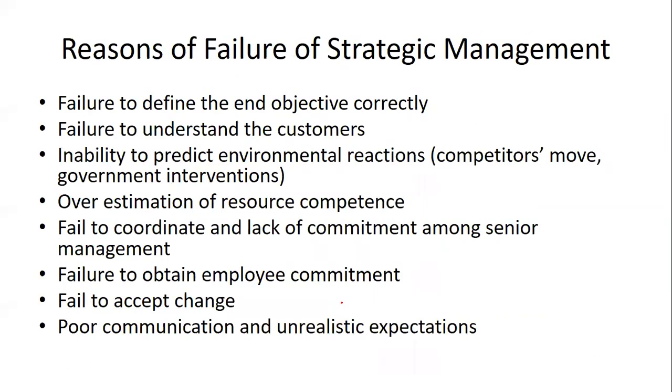Can there be certain reasons for the failure of strategic management? Yes, there can be. Failure to define the objective correctly, failure to understand the customers, failure to predict the environment and the competitors, overestimation of the resources, failure to coordinate and communicate with the management, failure to obtain employee commitment where they're not dedicated, loyal, or not able to perform as per the deadlines, failure to accept the change.